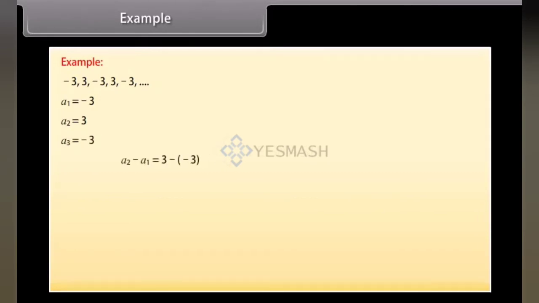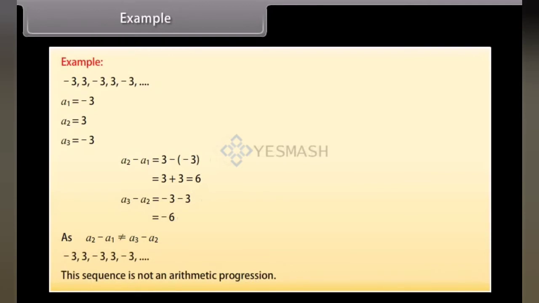Now let's find a2 minus a1, which is equal to 3 minus -3, which is equal to 3 plus 3, which is 6. Also, a3 minus a2 is equal to -3 minus 3, which is -6. As a2 minus a1 is not equal to a3 minus a2, the given sequence is not an arithmetic progression.